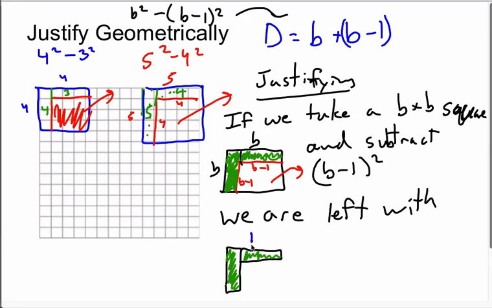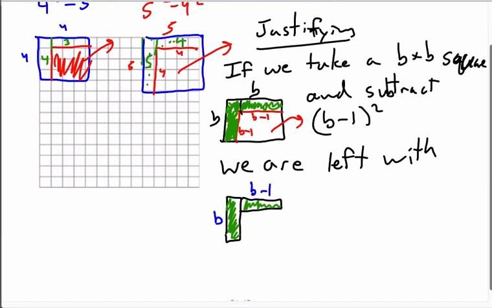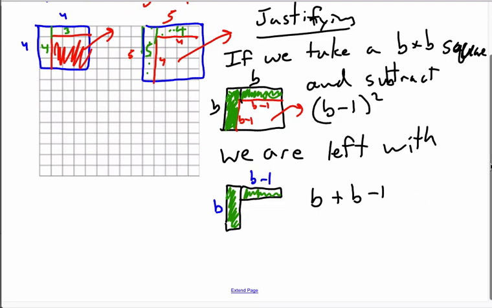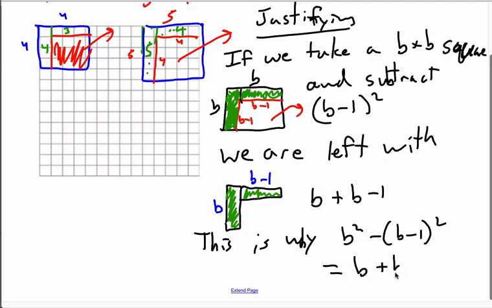Well, this one is b minus 1 and this one is b. Okay, we're left with this. So we're left with b plus b minus 1. So this is why b squared minus (b minus 1) squared equals b plus b minus 1. Okay, so this is justifying your rule. We showed it with the bth diagram.